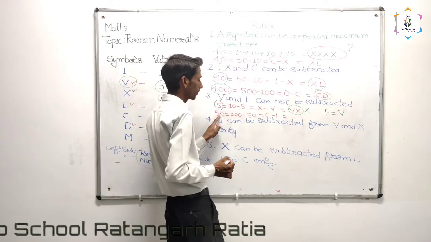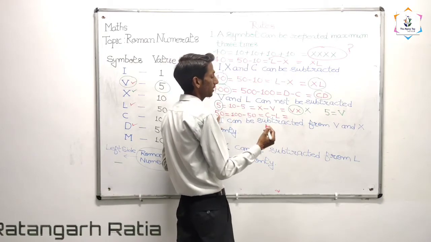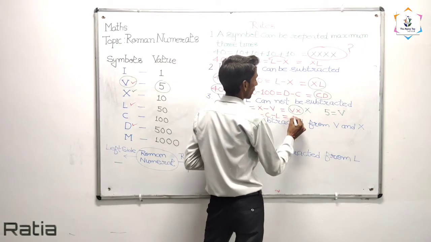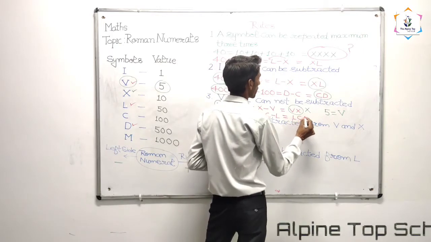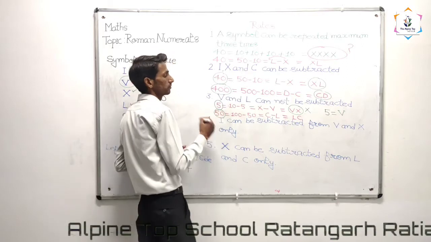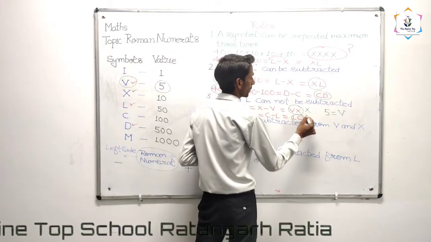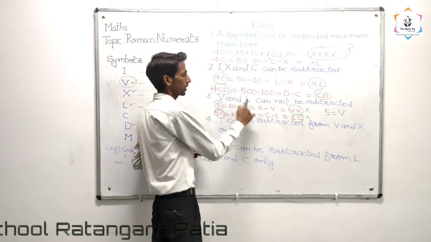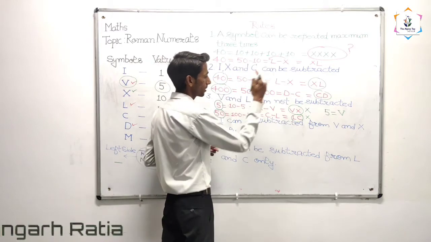It means for 50 I can write the Roman numeral way LC, but it is not correct, beta. For 50 LC we cannot use, because according to the rule L cannot be subtracted.